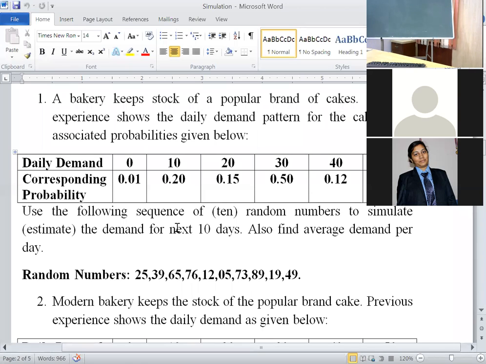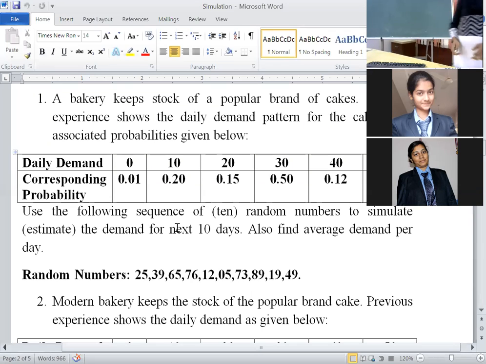What is given in the problem? Demand is given. Correct? Ma'am, the board is not visible. The screen is not visible. Okay, one second. They moved the camera yesterday because of a meeting. Wait for a minute.